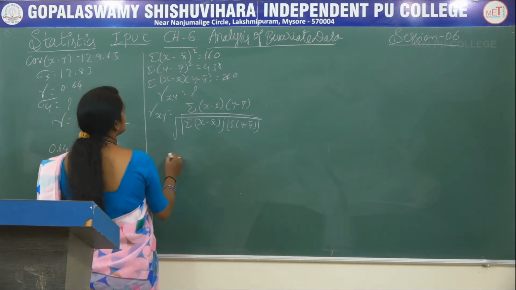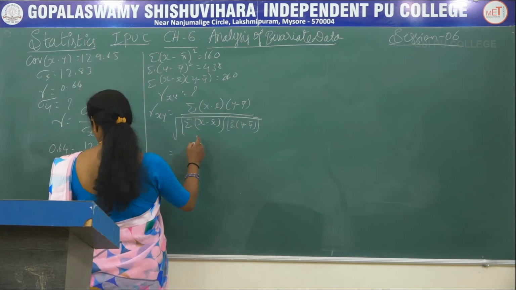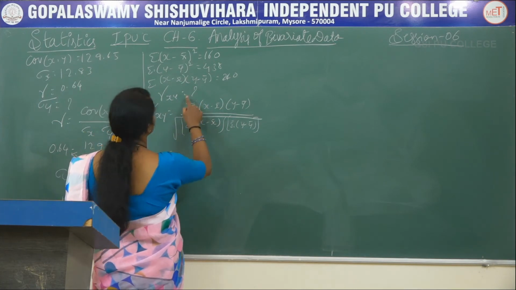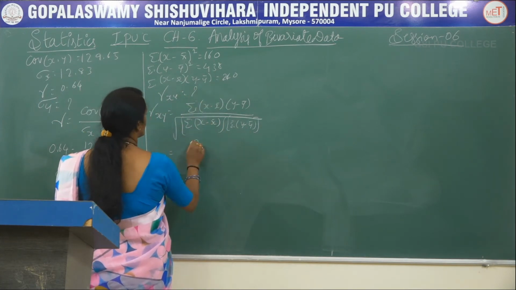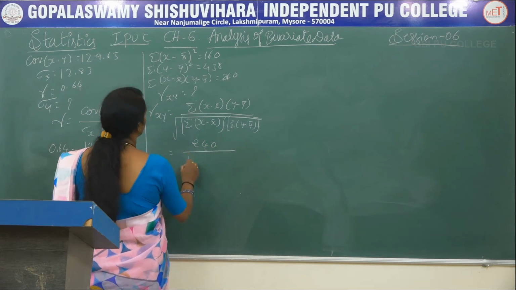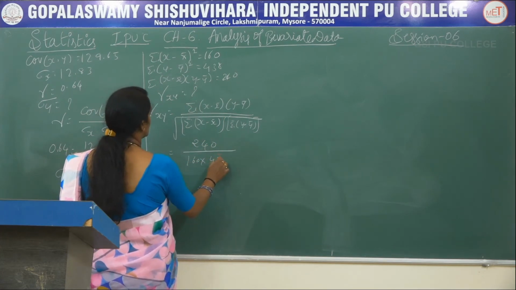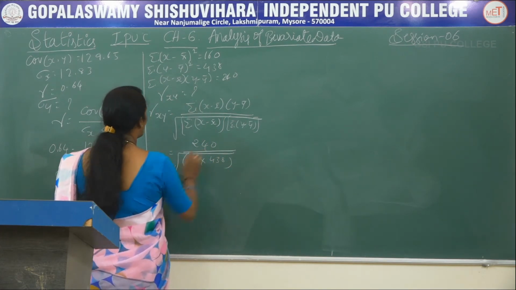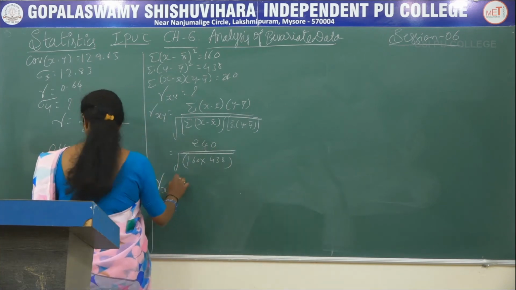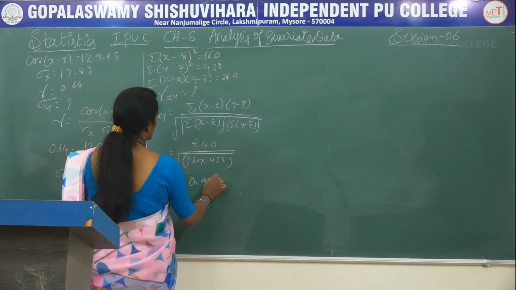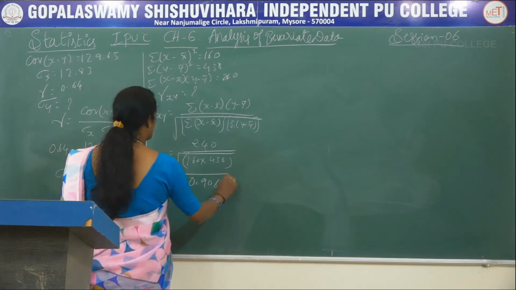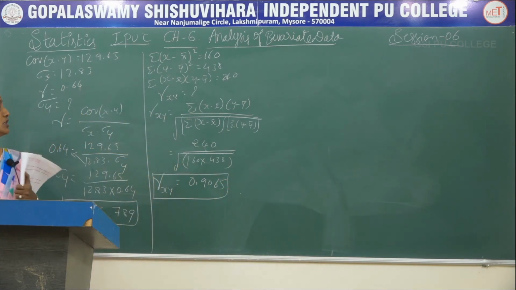So we have to substitute the values. It is 240 by the square root of 160 into 438, and after simplification 0.9065.